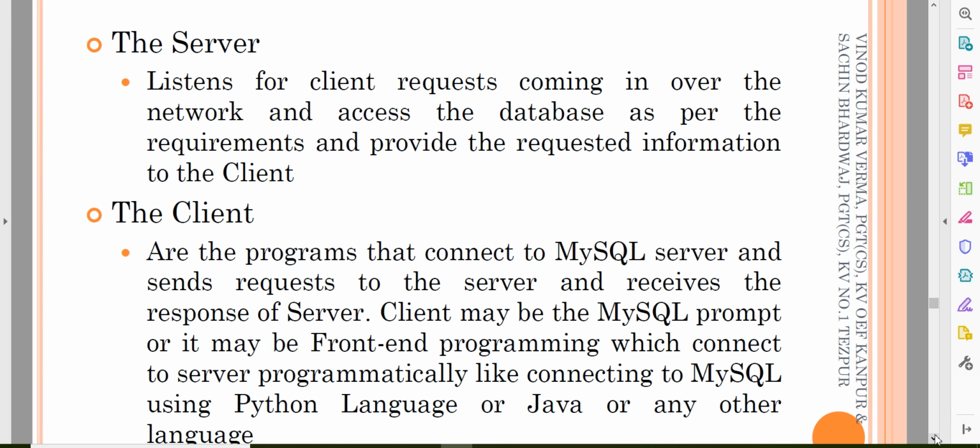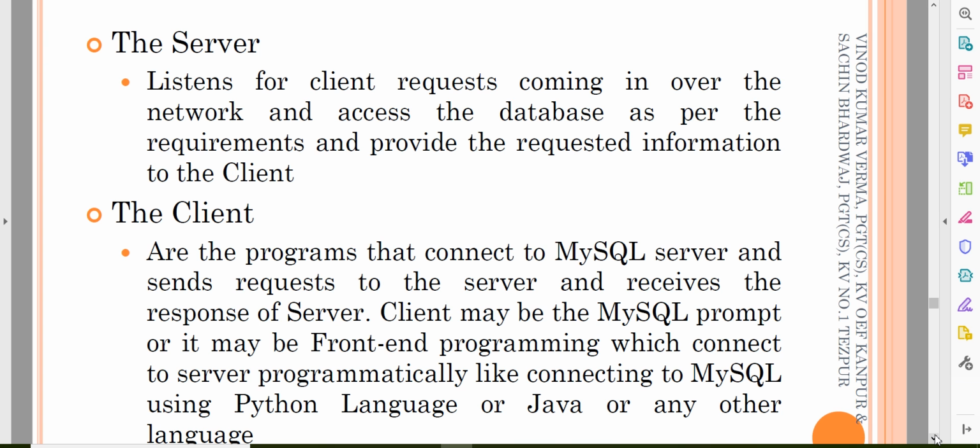All the requested actions should be done by this server only, so that the client will be satisfied according to the action of the server, and it will get other actions from its own client databases. So what are the clients? These are also programs which will be installed in other systems. Only one server will be there, and other systems can have these clients installed. The server will serve all the requests of the clients. The client connects to the server, sends requests to the server and receives responses from the server.